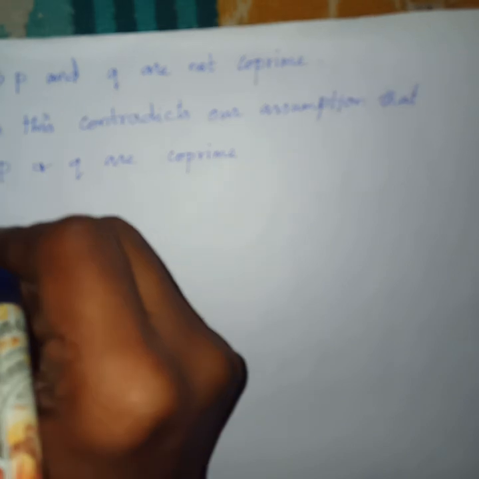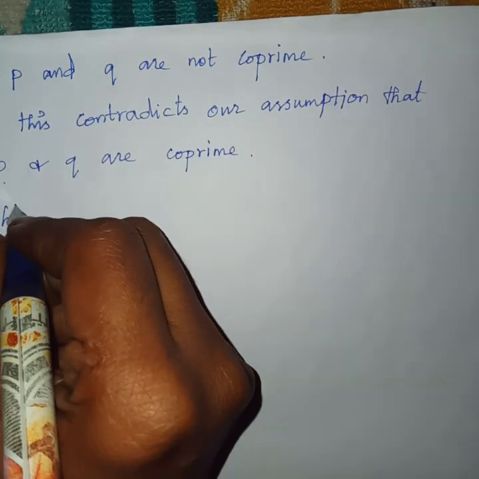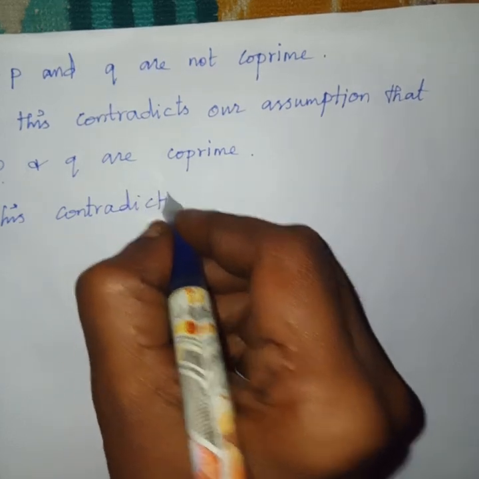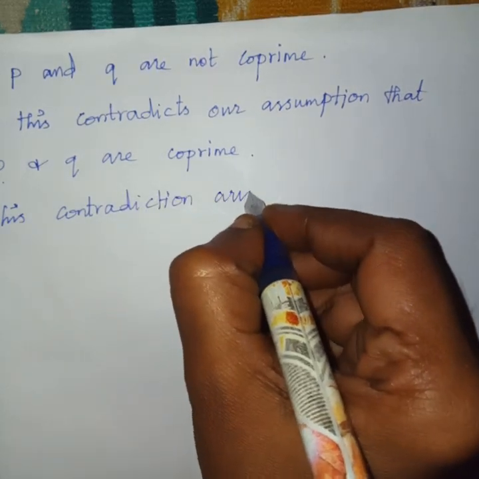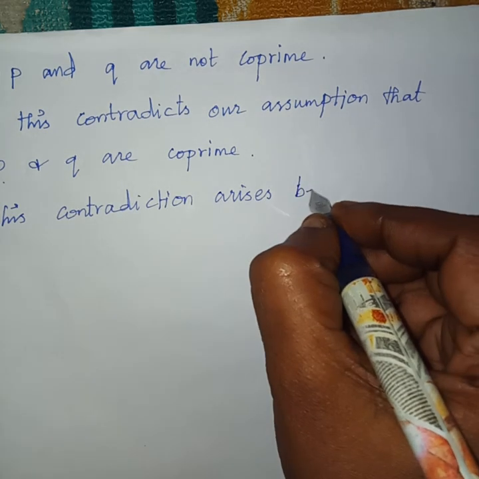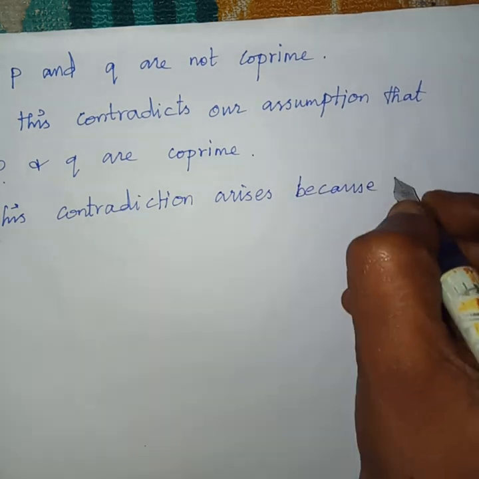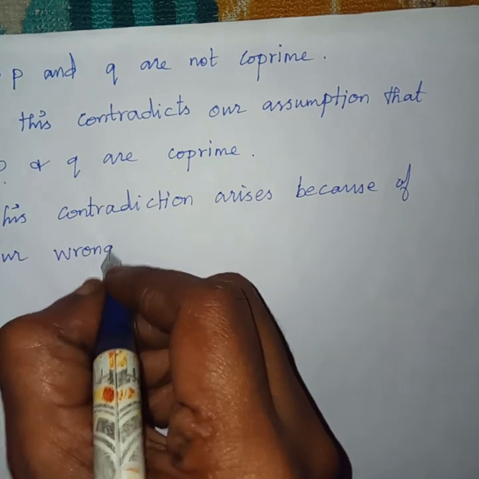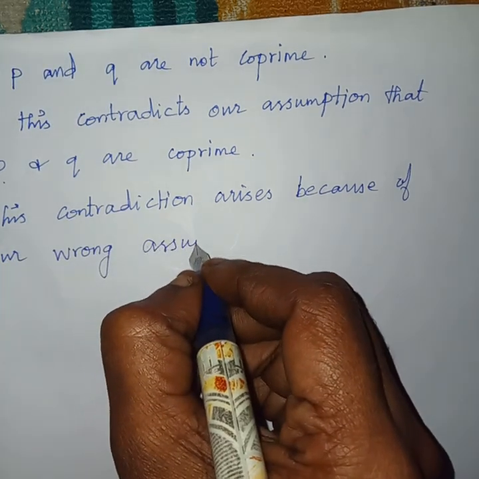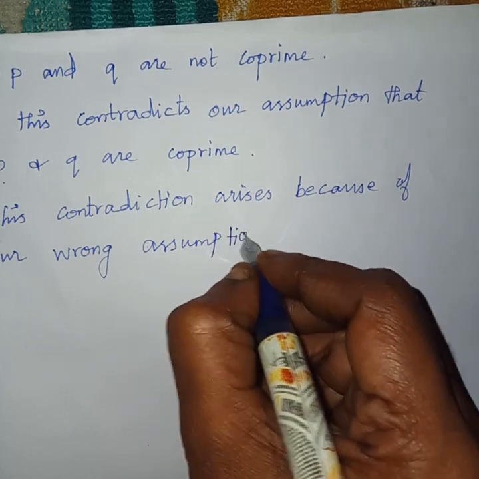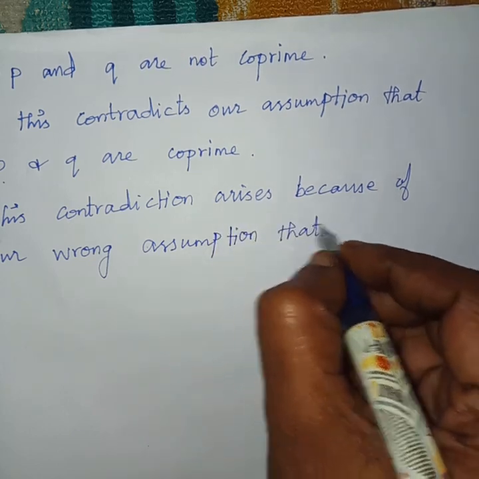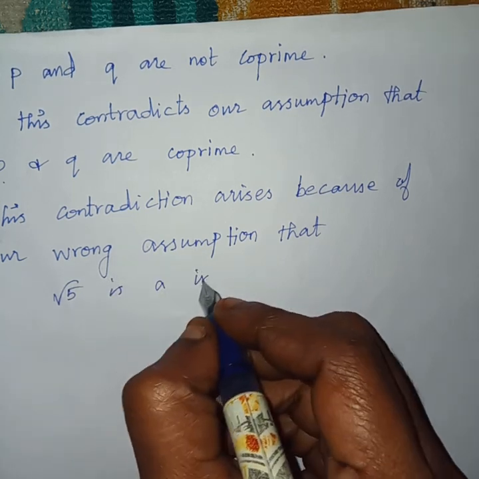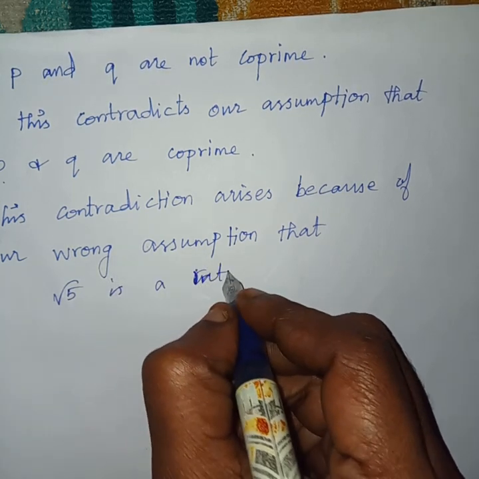This contradiction arises because of our wrong assumption that root 5 is a rational number.